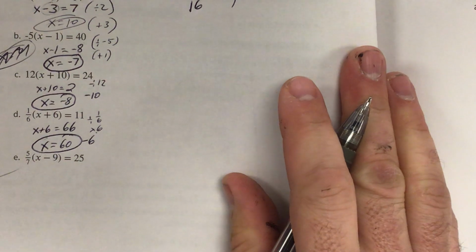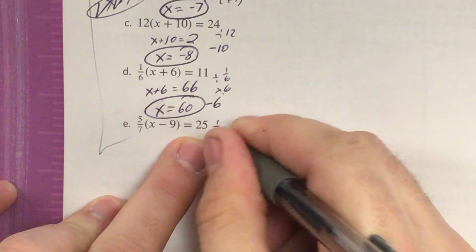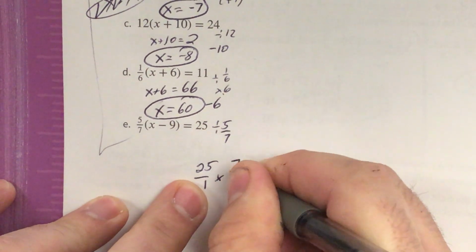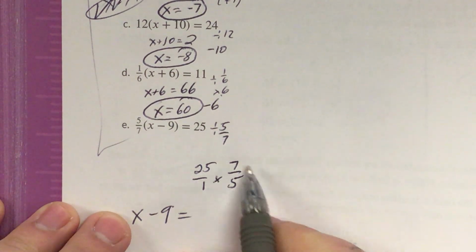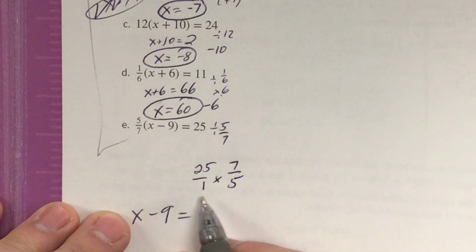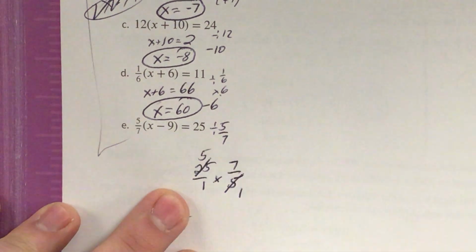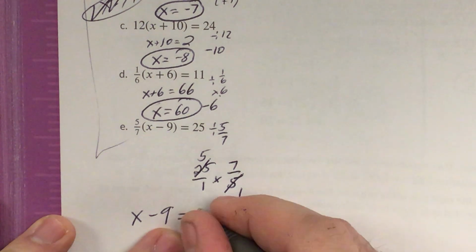Next one. What am I dividing by? Divide by whatever number is in front there. Divide by 5/7, which is the same as times 7 over 5. So on the left side, I just have the x minus 9. What's this going to be? Dakota? $35.